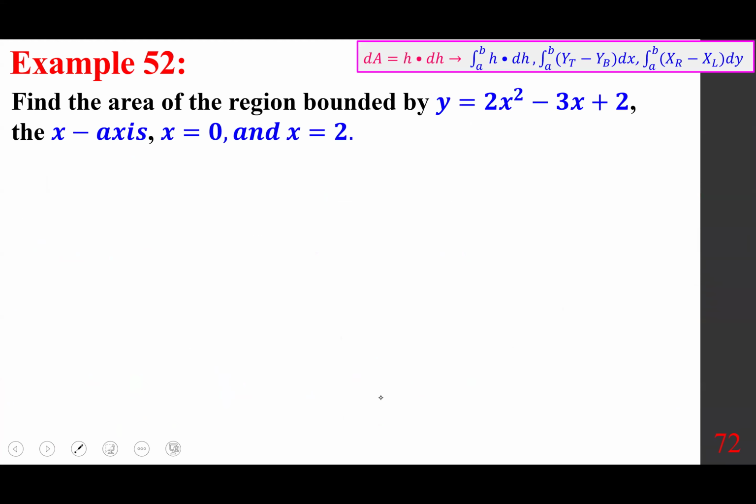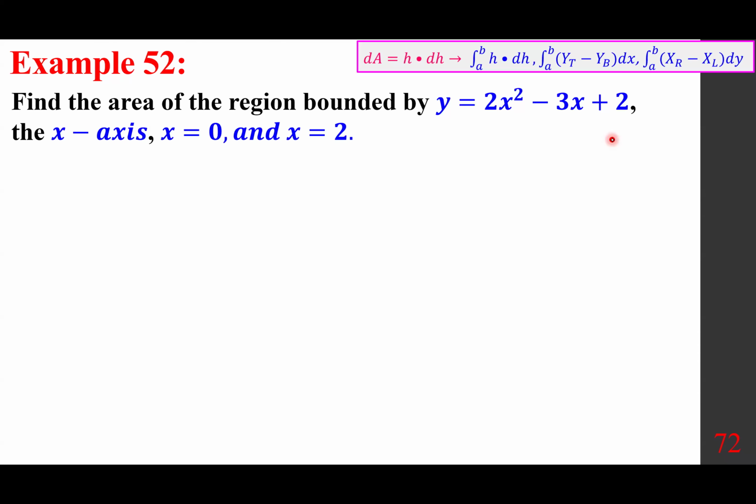Having said that, let's look at this example. We want to find the area of the region bounded by y equals 2x squared minus 3x plus 2, the x-axis, x equals 0 and x equals 2. The very first thing you have to do is draw the graph, and I'm going to assume everybody can draw that. Of course, x equals minus b over 2a is the x-coordinate of the vertex.